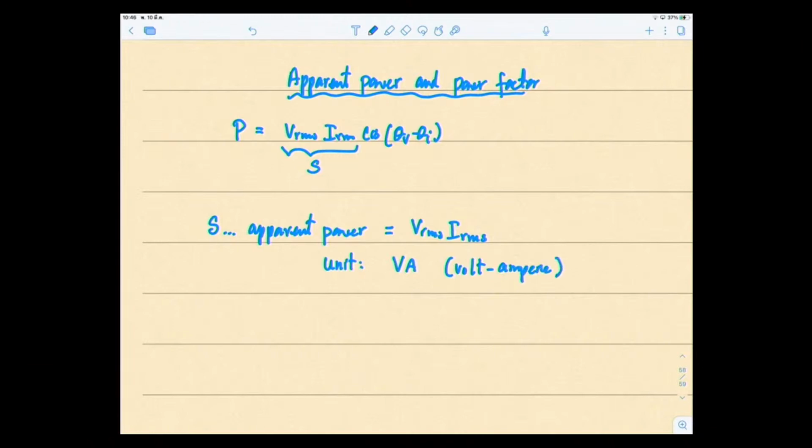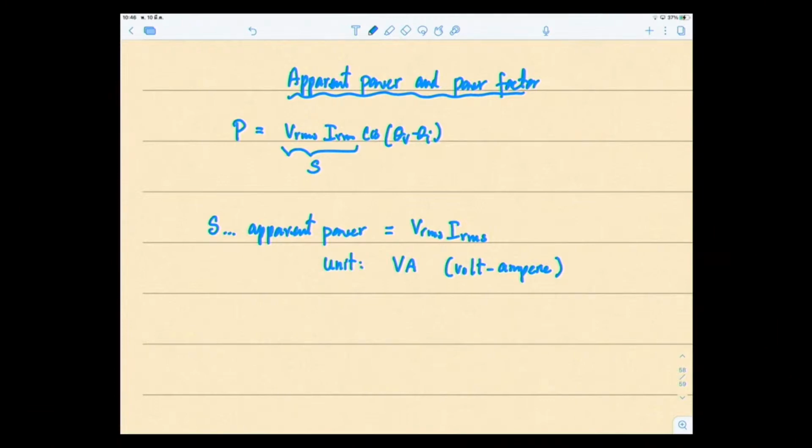So it's not like DC anymore, where when you have V times I the unit is watt. So it's very important that you remember the unit of each parameter. The average power, the unit is watt. The apparent power, the unit is VA.